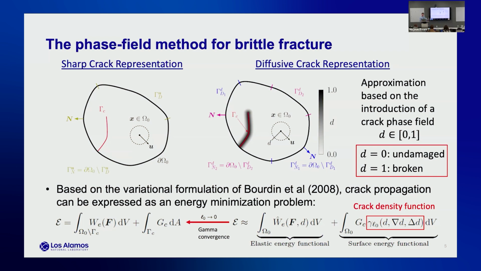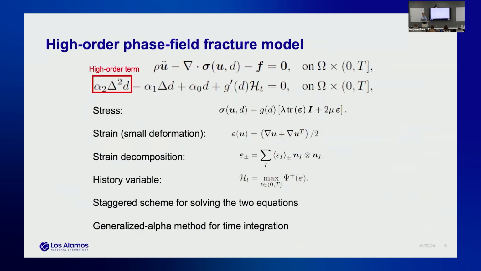If we minimize this energy, we arrive at the strong form of the phase field fracture model. I will not talk about why we choose the high order phase field model, because that's not the main focus here at this workshop. So we have two equations. The first one is the elastodynamics equation.